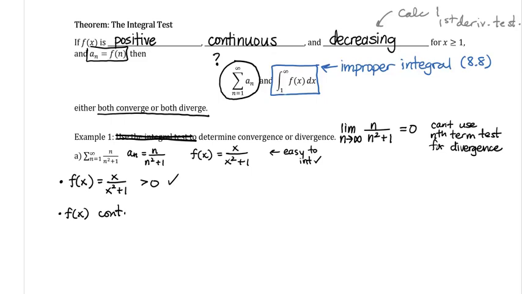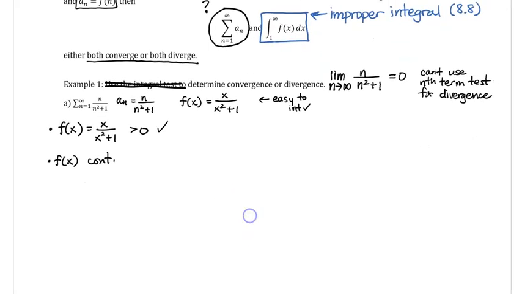So we need to calculate f prime, find critical values, and see if this function is decreasing. I'm not working through the details of it, but take a second and use the quotient rule to find f prime. You should get that f prime is equal to negative x squared plus 1 divided by x squared plus 1 all squared, which has critical values at negative 1 and 1.